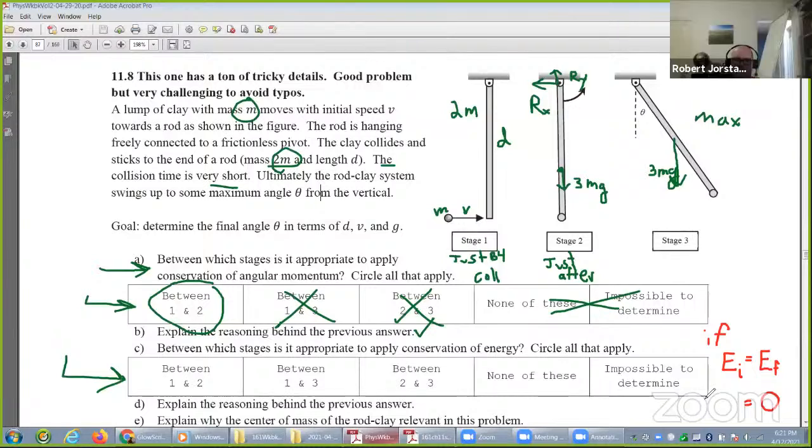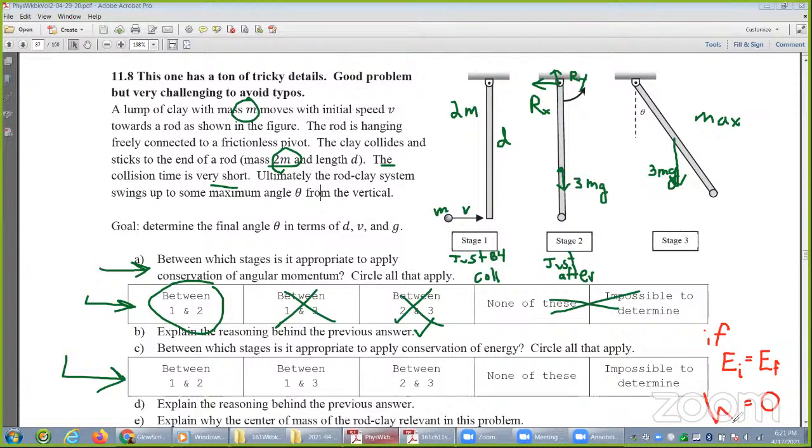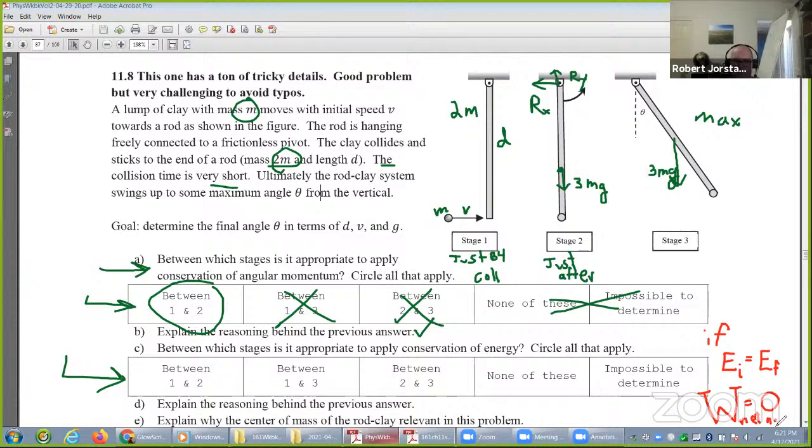If torque is 0, angular momentum is conserved. If external force is 0, regular momentum is conserved. Velocity? Or work.